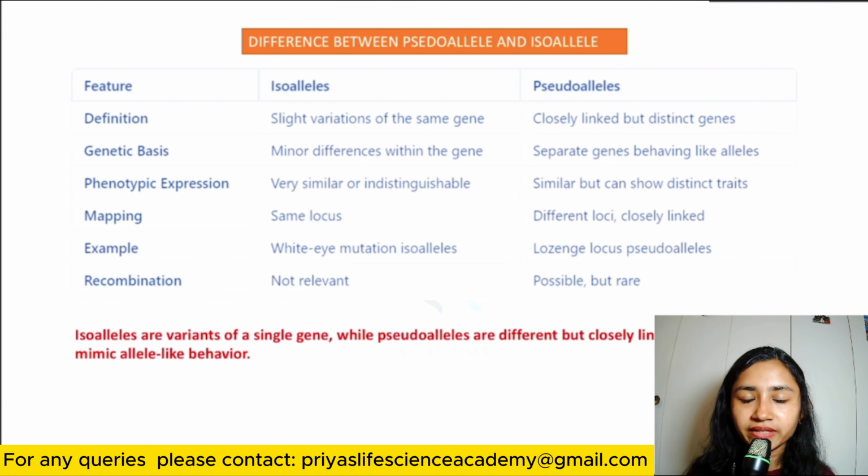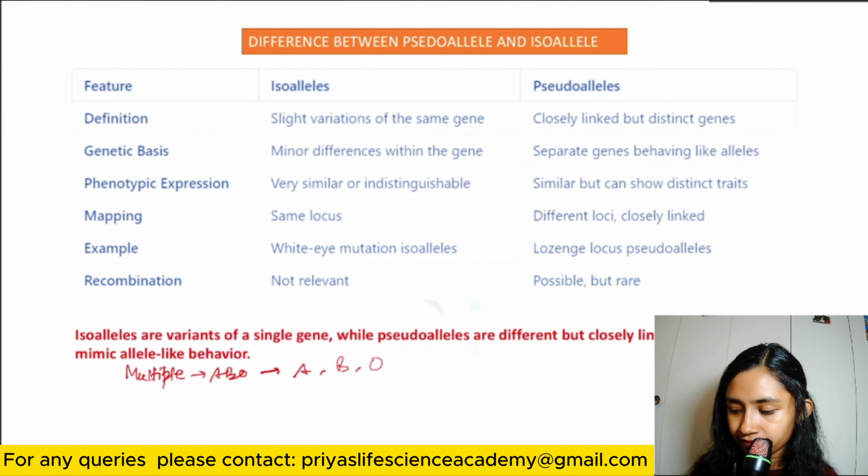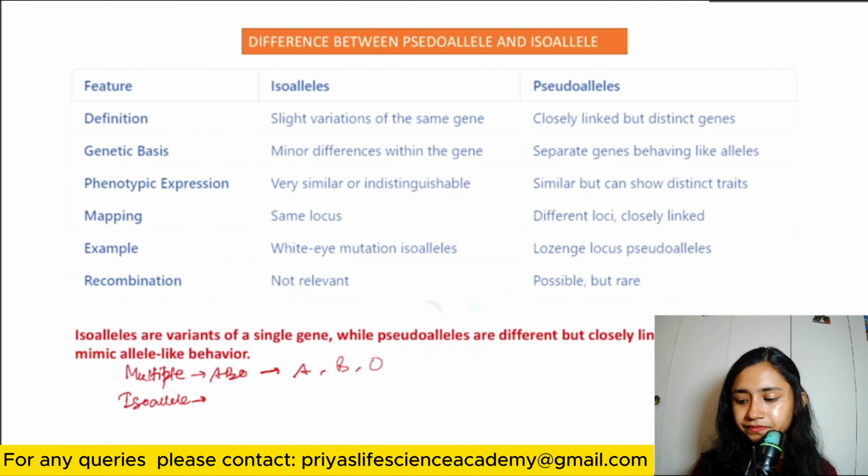You may wonder then, ma'am, what is the difference between multiple allele and pseudoallele? I will tell you that in case of multiple alleles, for ABO blood type, there are three distinct alleles. There is no variation of the alleles, but in case of isoallele, for example, the gene beta actin, I'm just giving you a very arbitrary example.